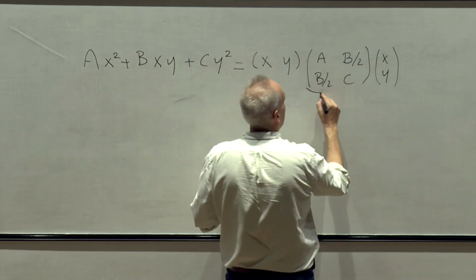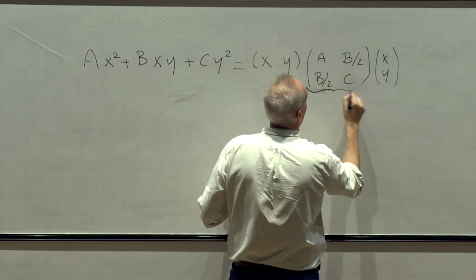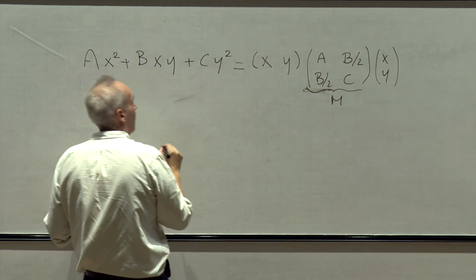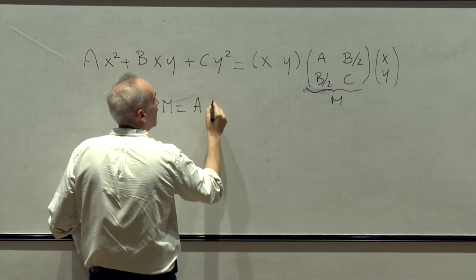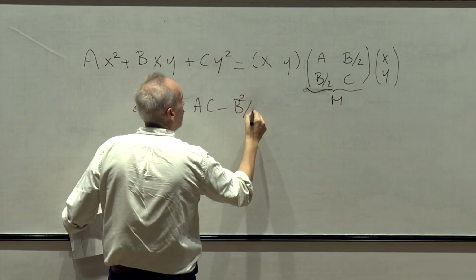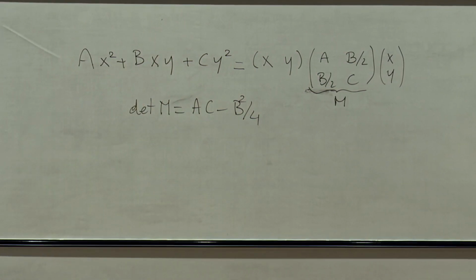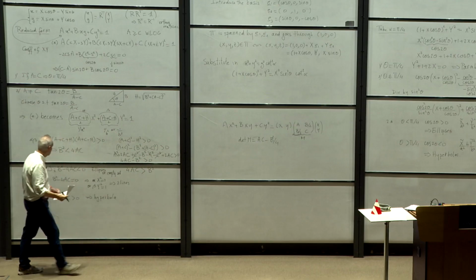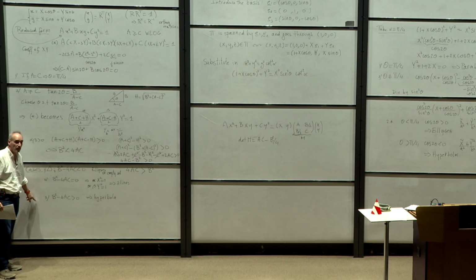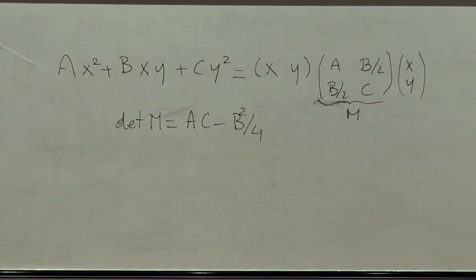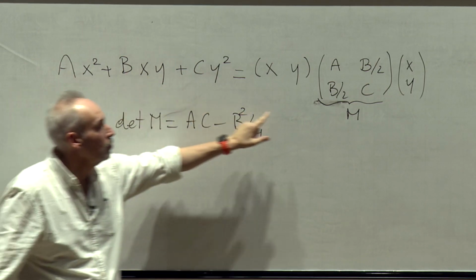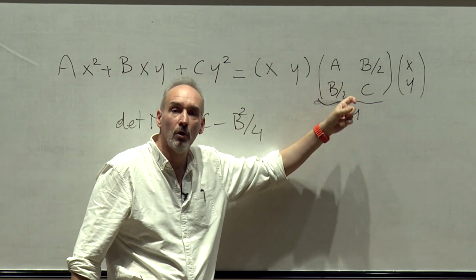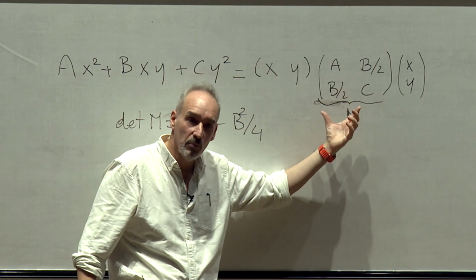And if I call that M, then you see that the determinant of M equals ac minus b squared over 4. And it's therefore the determinant of M that decides in which case we are. So it's something very interesting with this quadratic form, that you can use matrices also to formalize them.